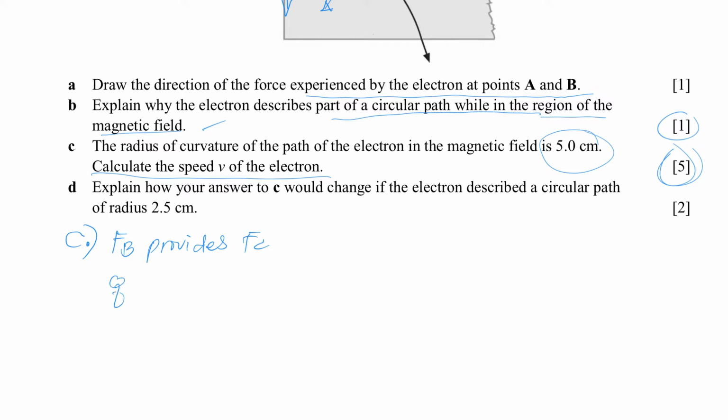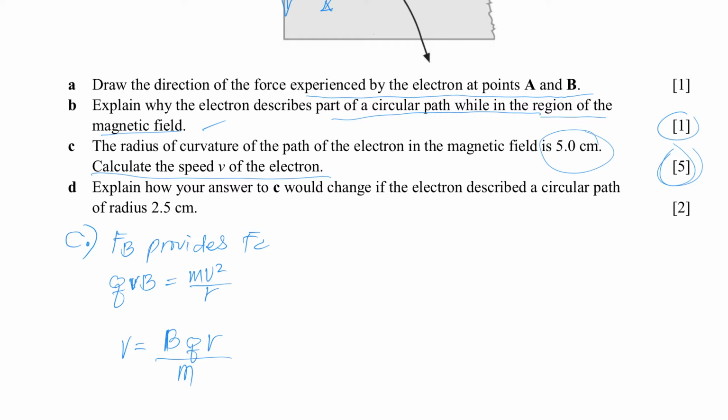Since they're equal, the formula of magnetic force, Q times velocity times B, is equal to mv squared all over r. Okay? You can work it out, eliminate velocity on both sides. Then you can come up with a formula of velocity that is magnetic field times the Q times the radius all over the mass. Okay?